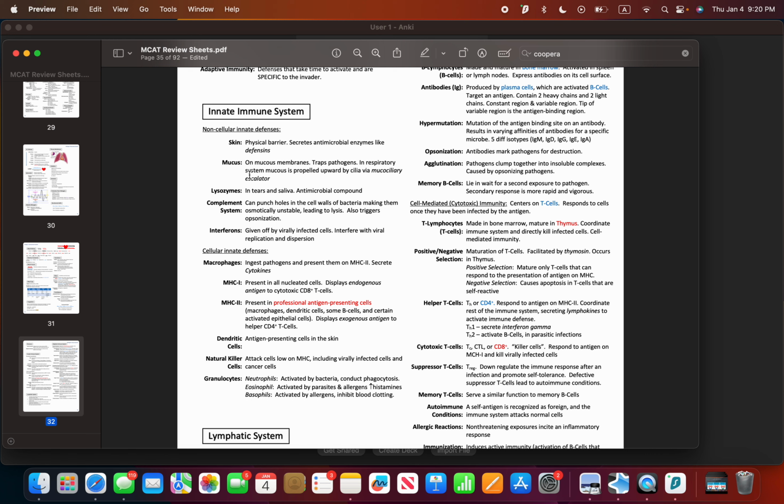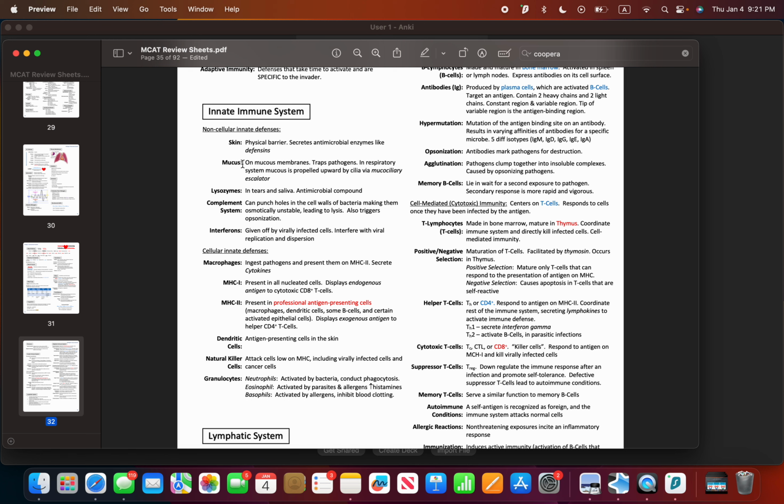And we have the mucus. Mucus is on the mucous membranes. It's on the epithelial cells, I believe, and it traps pathogens in the respiratory system.